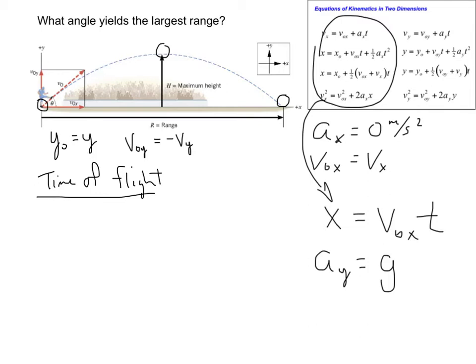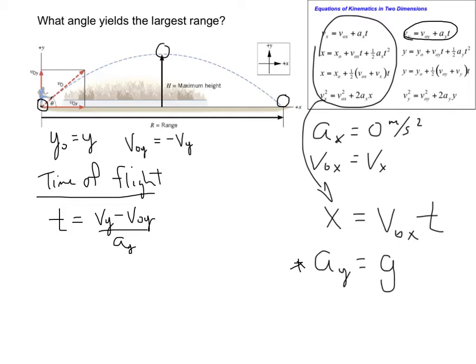So using the first kinematic equation for the y dimension, we can see that the time of flight will simply equal the final y velocity minus the initial y velocity divided by the acceleration, which will be the acceleration due to gravity eventually. We'll leave it as a sub y in this case.